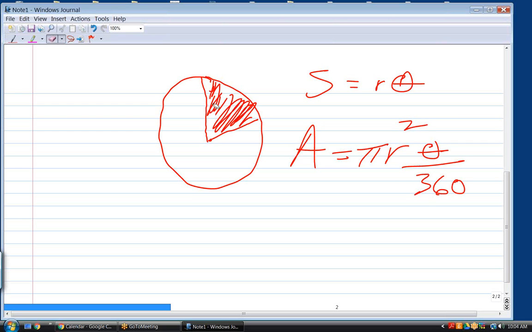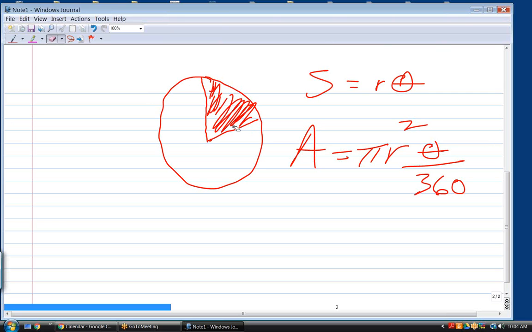You can see that if that was a 90-degree angle, that would be 1/4 of the circle, and 90 divided by 360 is 1/4. For the area of a sector, I don't think it has its own formula. You basically just use the area of the circle and multiply it by the percentage of the circle that the sector represents.